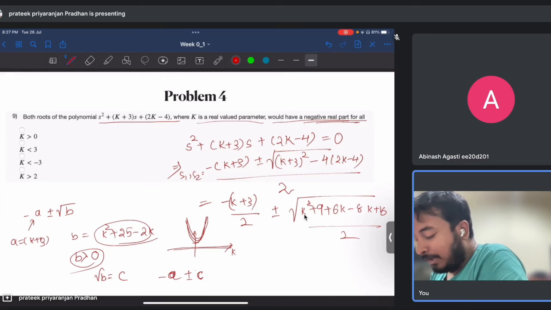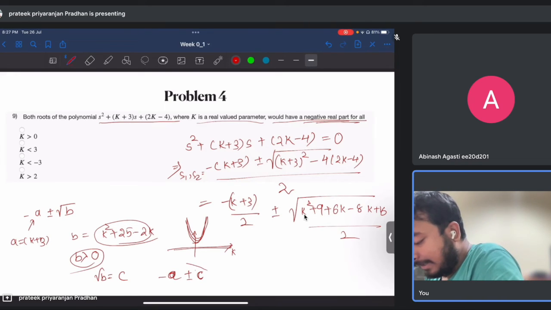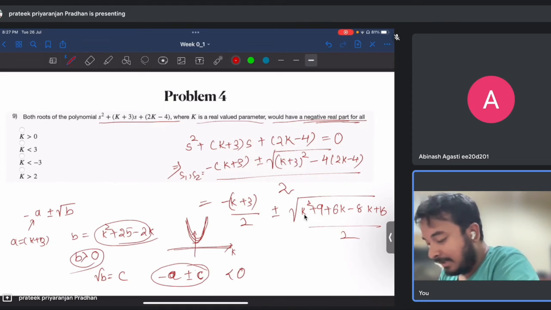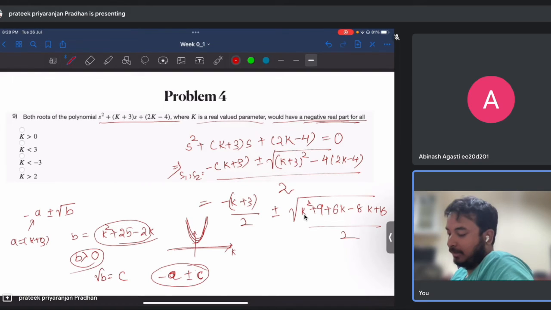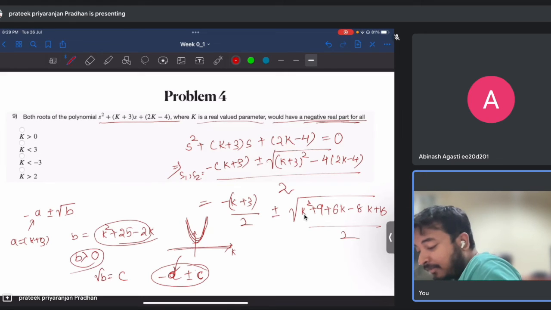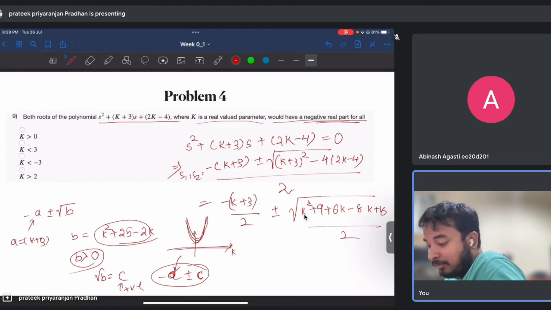Now what we want is we want this term to be less than or equal to 0. So now look at this expression carefully. If my a itself is negative, then definitely, because c is a positive quantity, it will be a positive quantity, which we don't want.